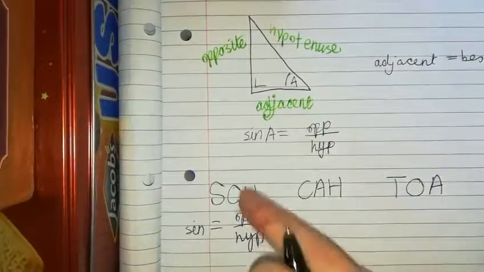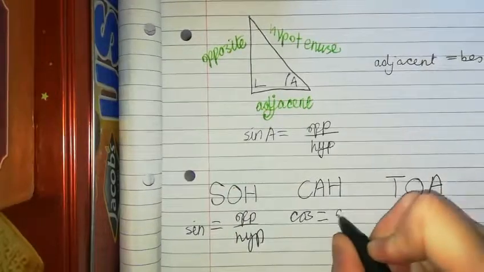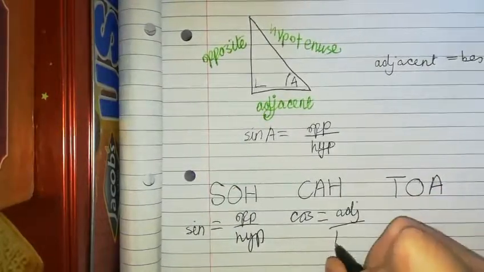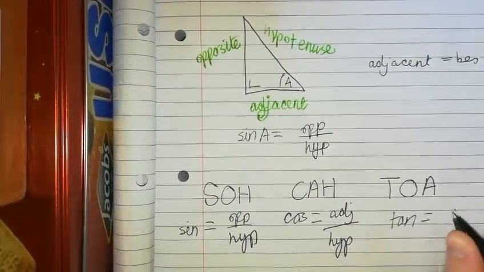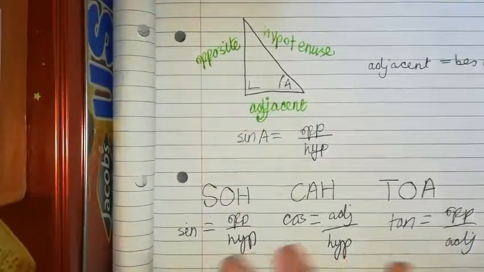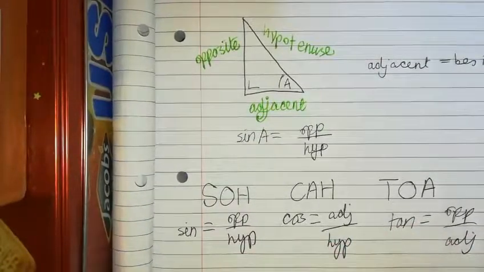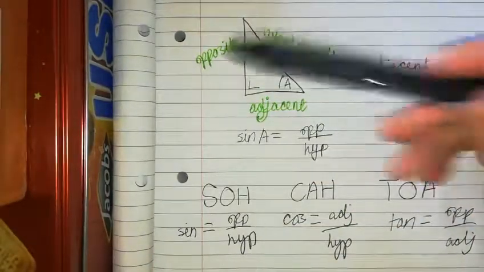The S stands for sin, O for opposite, and H for hypotenuse. The cos is the adjacent over the hypotenuse, and then the tan is the opposite over the adjacent. They're the only three ratios we'll be asked to find, and we need to know which is the adjacent, the hypotenuse, and the opposite.